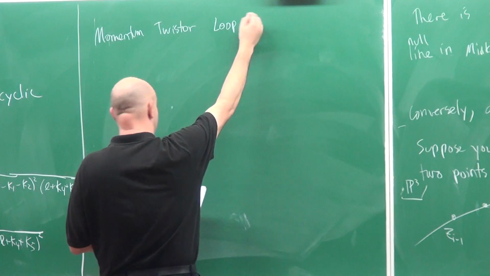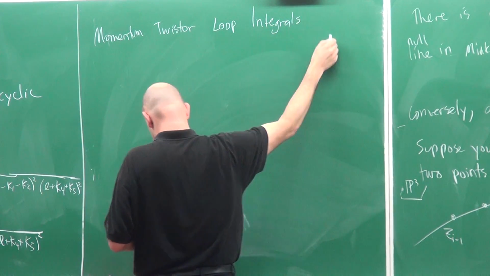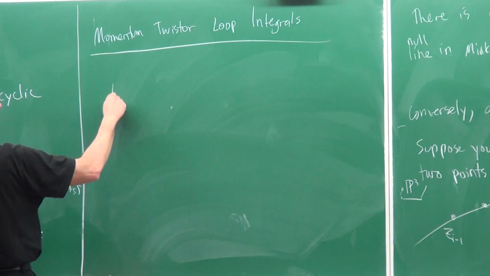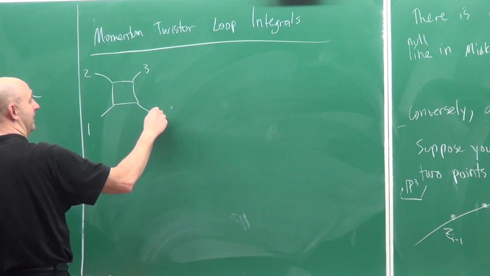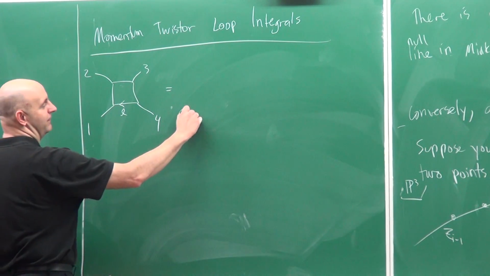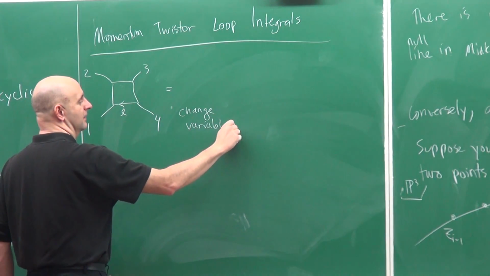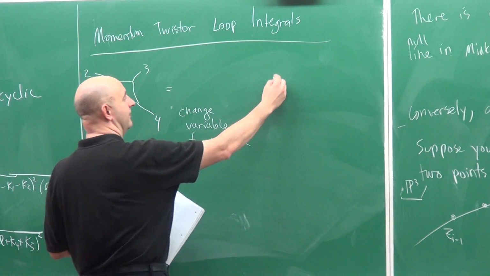So the last thing I want to discuss is momentum twister loop integrals. Let's revisit our scalar diagram that we've talked about a lot. What you can do is change variables to X space, and you can write this in the following way.